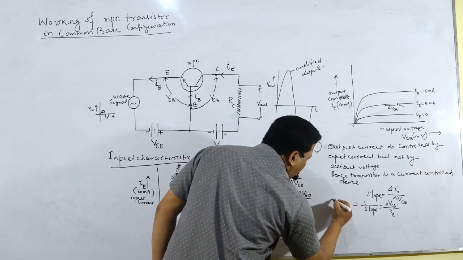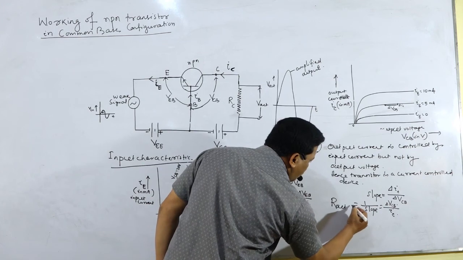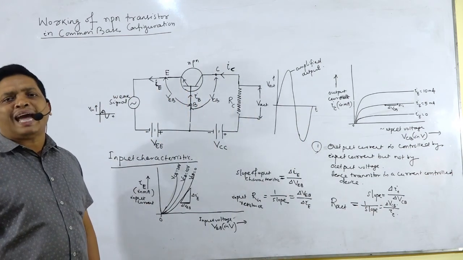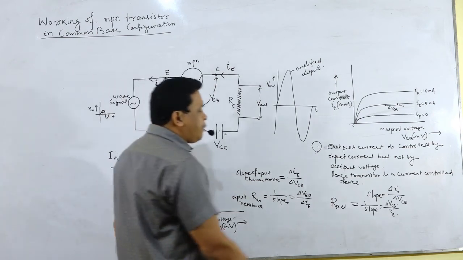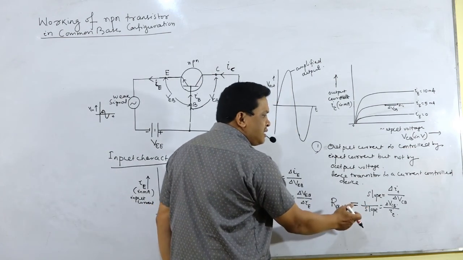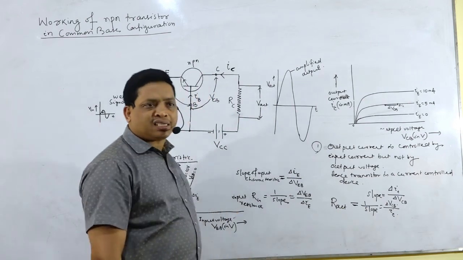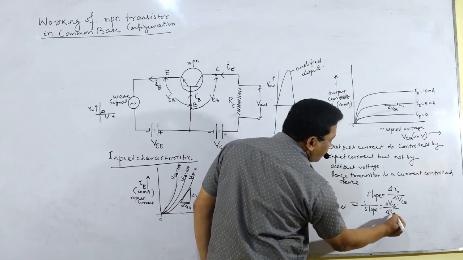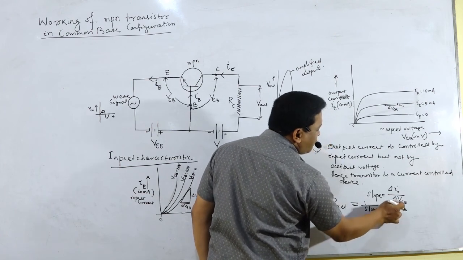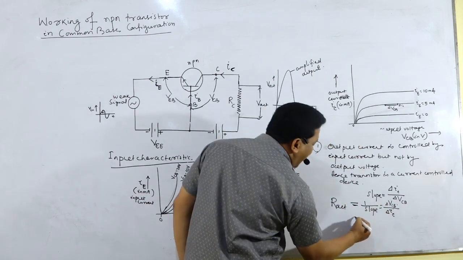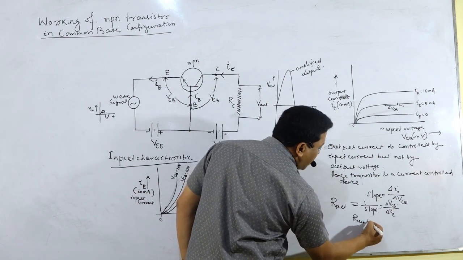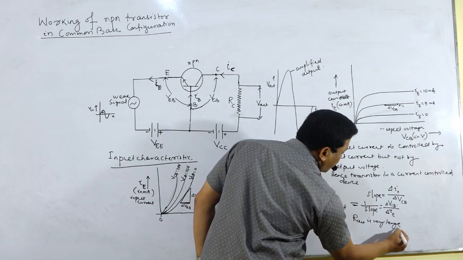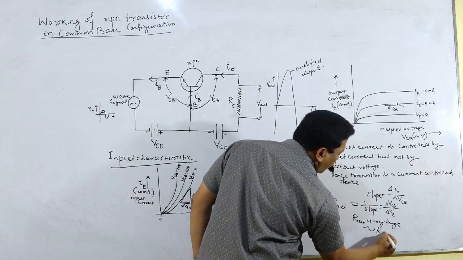Therefore, the output resistance is equal to the reciprocal of the slope of output characteristic. And here delta IC is very small and delta VCB is very large. Hence R out is very large. It is of the order of kilo ohm.